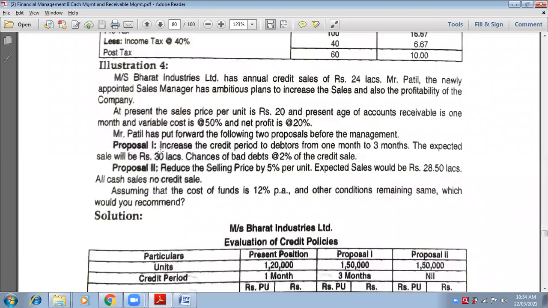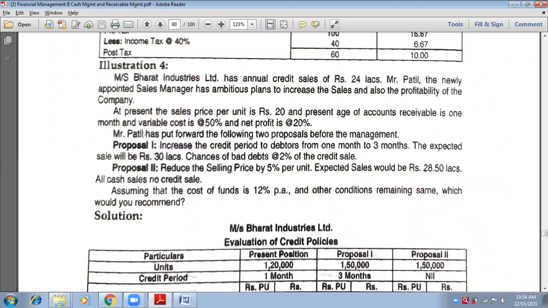But in this case, there are chances of bad debts also. Bad debts means loss, expense. 2% on credit sales. It is already given. Just apply 2% on sales. So 30 lakhs are sales and 2% on sales. It will give you the answer on the calculator.